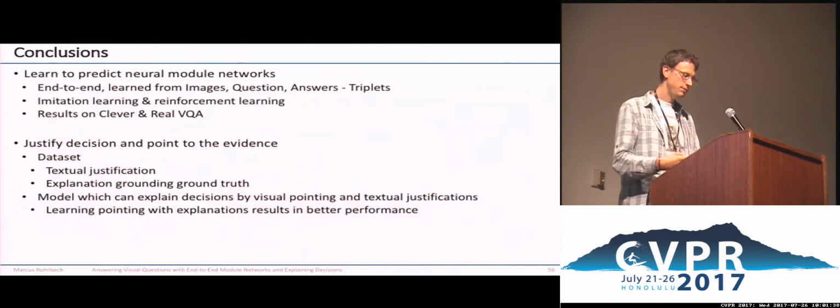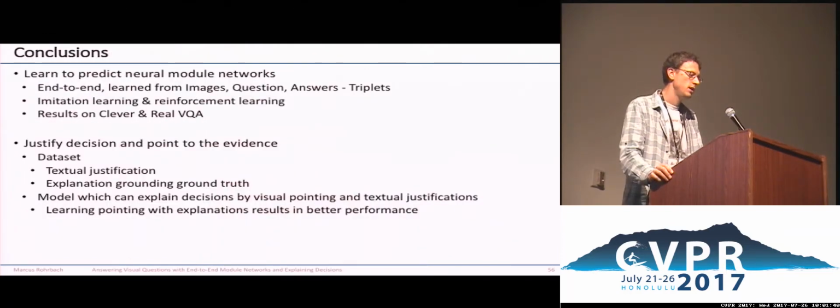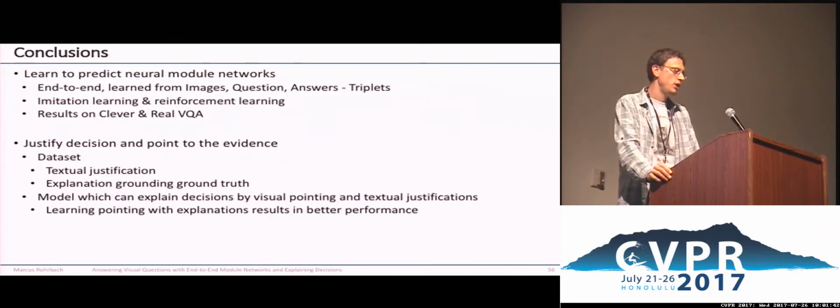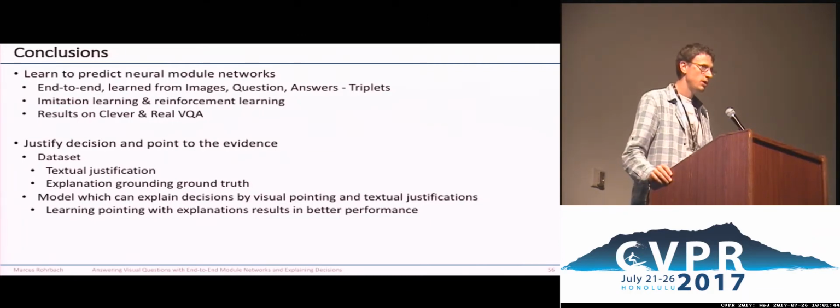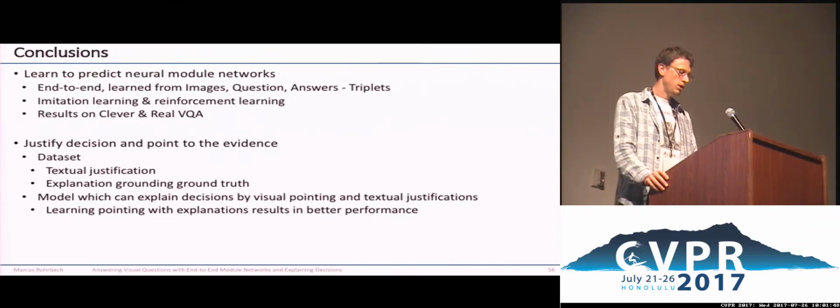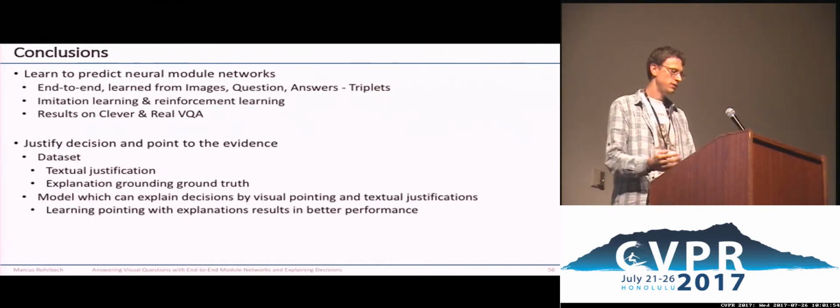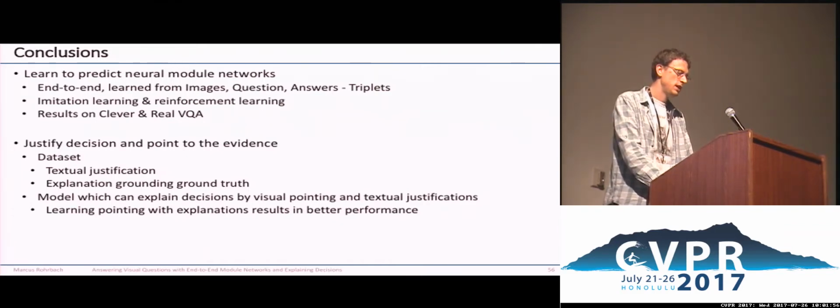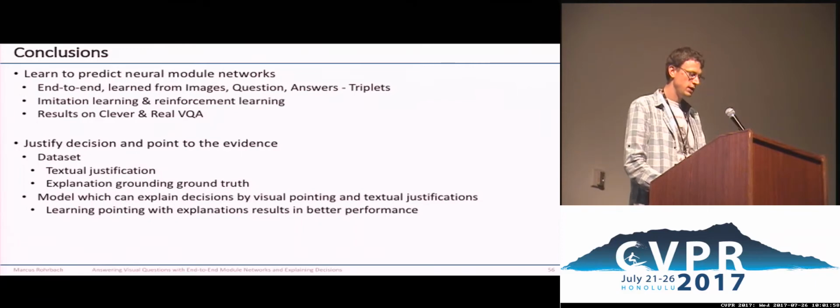There are some more examples, but maybe at this point let me conclude the talk. We learn to predict neural module networks with an end-to-end model learned from image, question, and answer triples. And we use imitation learning and then reinforcement learning. We have results on both CLEVR and real VQA.